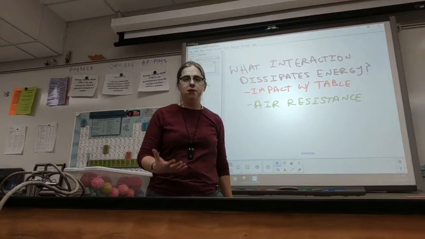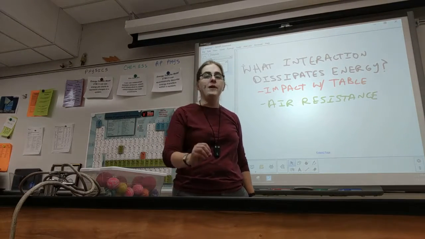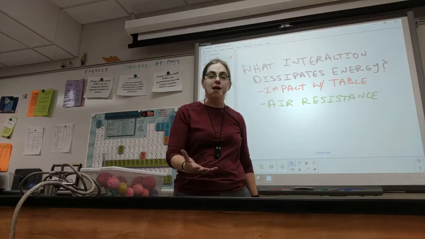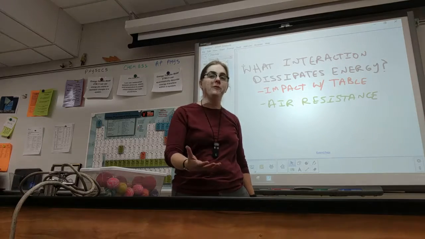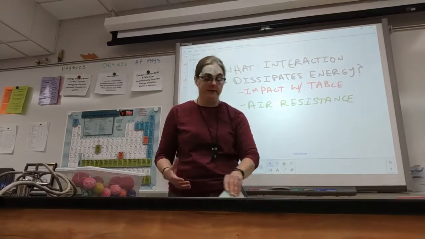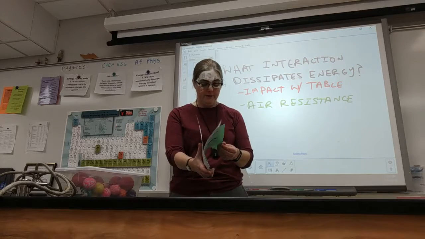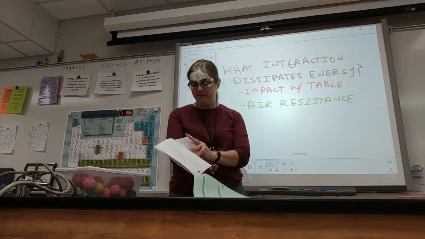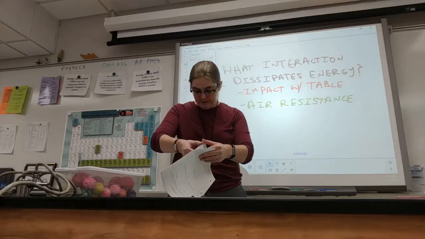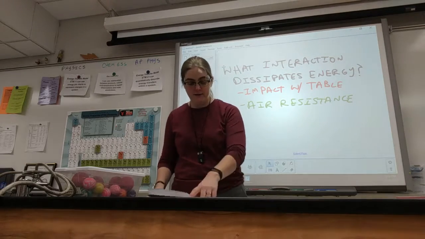Now, one of the really challenging parts of this is you're going to have to decide what you're going to look at on your velocity versus time or your position versus time graph to decide which of those two it is. And so in your green packets, if you flip to page 10, that is the start of what you'll be doing today and tomorrow.